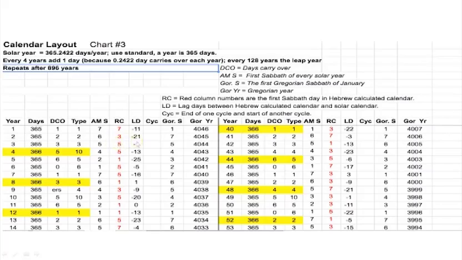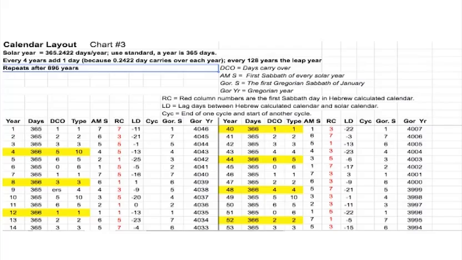And now we have 10 days difference between the two calendars, so we now have a grand total of 21 days difference. And this time we can determine that the first Sabbath, because now we will be able to see the month of January. We couldn't see the month of January in the first year because it occurs in the winter. And God's calendar starts in the spring. Therefore, we wouldn't be able to see that. But we can see the second year, and it's telling us that it's on the 7th. Well, we're going to be able to see that as we go through this.